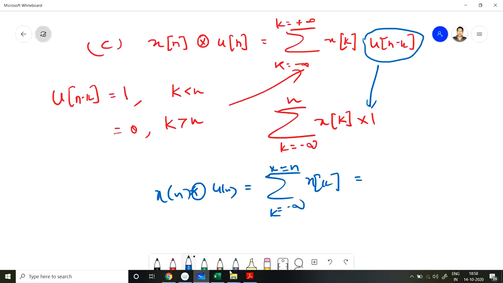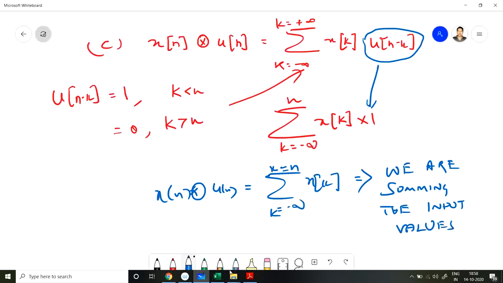So we are just summing the input values for k equals minus infinity to k equals n. Okay.